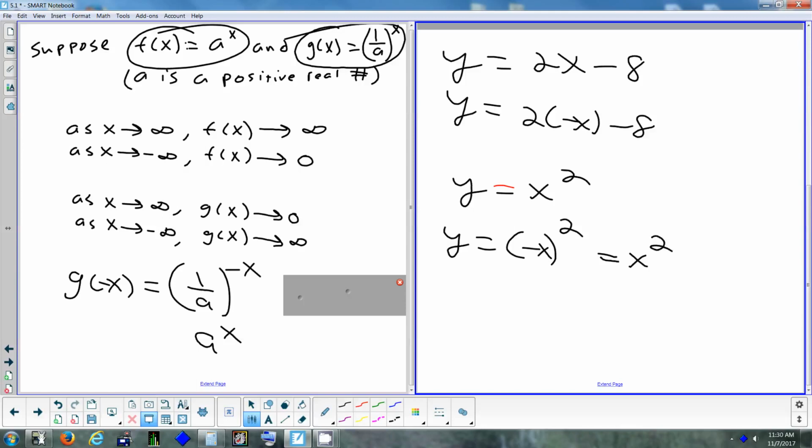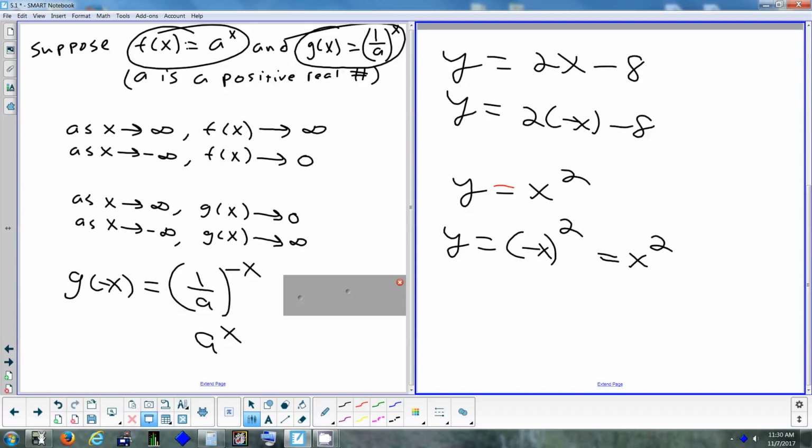So what does that mean about a parabola, specifically the parabola y equals x squared? Is there no reflection of it? Well, there is, but it's its own reflection, right? The graph of y equals x squared, if you mirror image it, is the same thing.